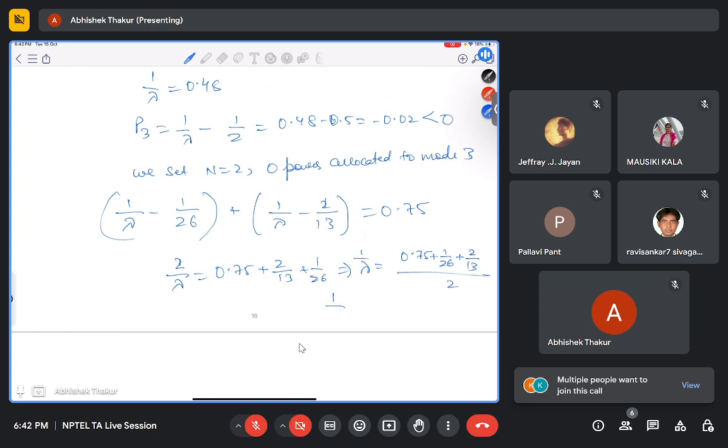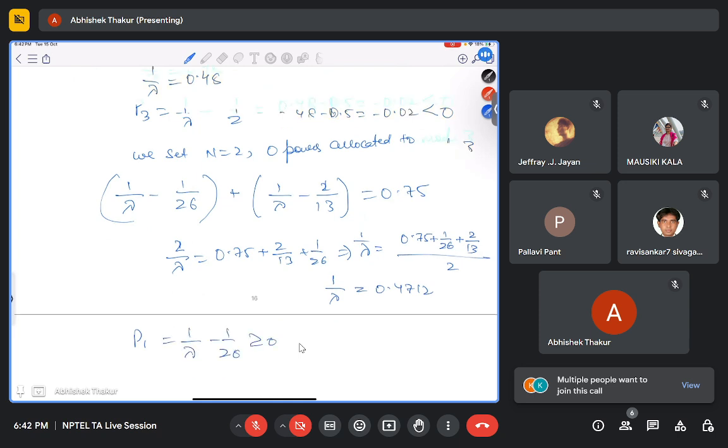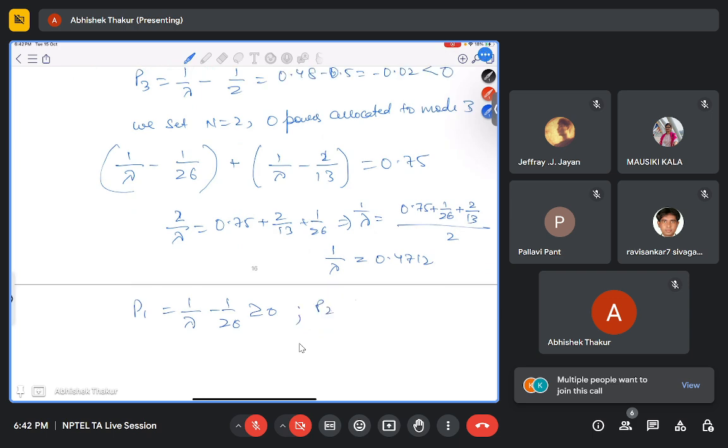So 1 by lambda is equal to 0.4712. So now P1 is equal to 1 by lambda minus 1 by 26, which is greater than 0, and P2 is 1 by lambda minus 2 by 13, that is also greater than or equal to 0.